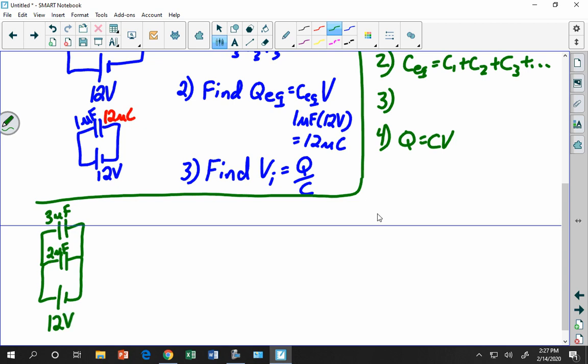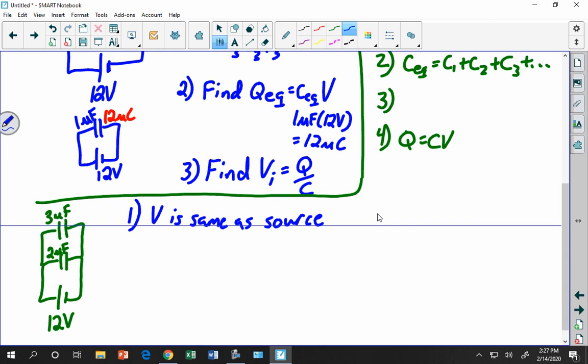If I want to know the charge and voltage on each of these, this is pretty easy. In fact, I don't even really need to write the steps down. But if I was, I would say, well, first, I know the voltage. Voltage is the same as the source, which in this case is the battery. But later when we do combination circuits, it'll be whatever voltage is across that particular section. We'll see those in class soon.